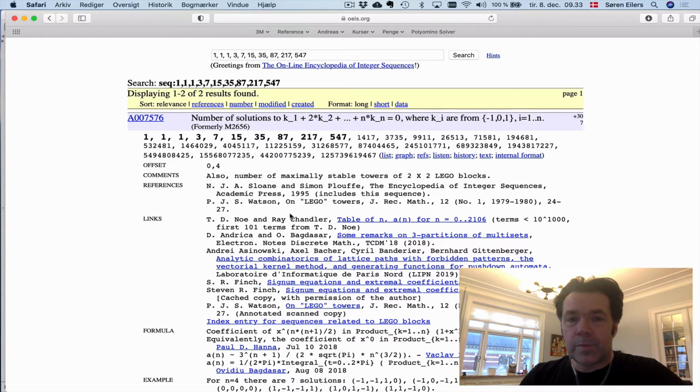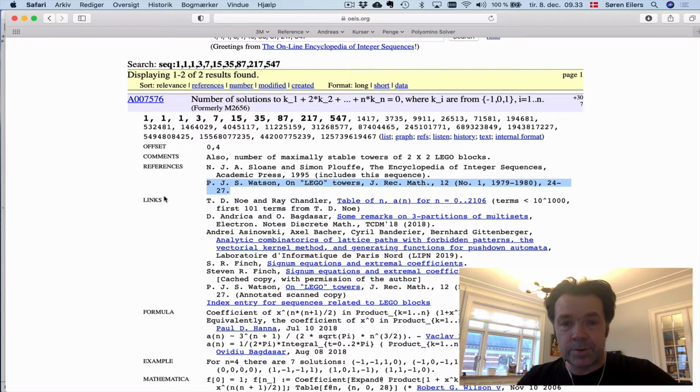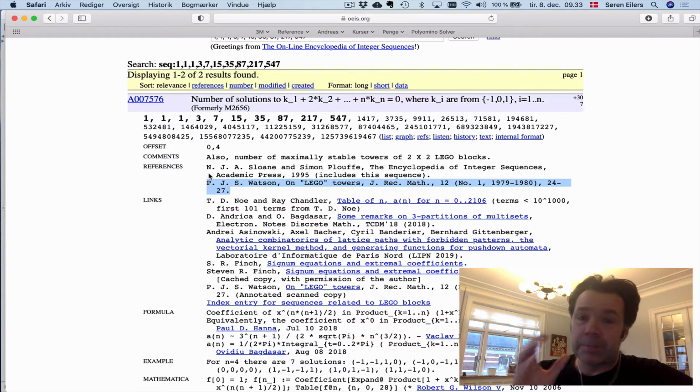Now, there's also an explicit reference to the Lego Towers paper by Watson. This is a fairly old paper, and it made it into the Encyclopedia of Integer Sequences when it was still in a book, so this has been stored in Sloane's data for a very long time.